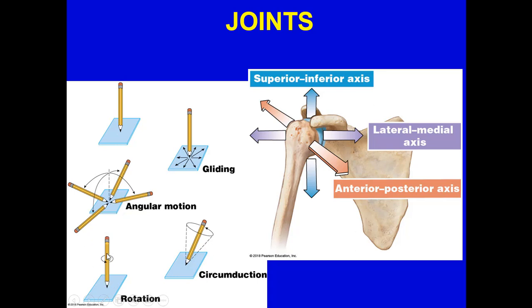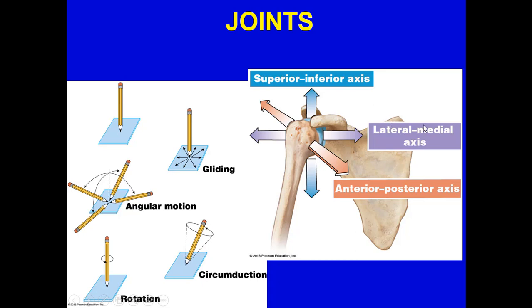Whereas rotational is along this long axis and the tip doesn't move, and you maintain the integrity of that longitudinal axis. Now, the difference there is with circumduction. You're still in contact here, so this would be sort of the joint point. But you can take the pencil and rotate it around, but still be in contact here.